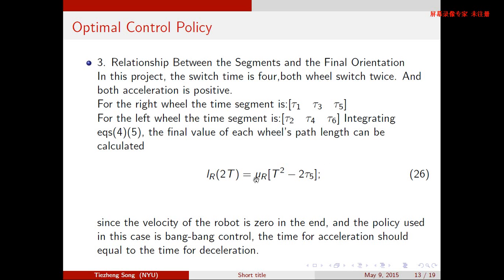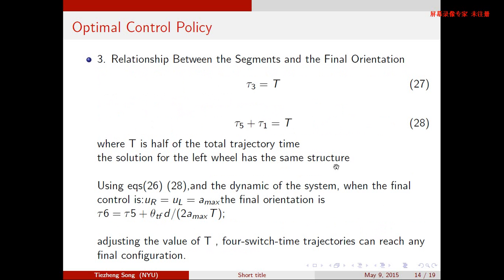Since the velocity of the robot is 0 in the end, and the control policy we use in this case is bang-bang control, the time for acceleration should equal the time for deceleration, which means tau 3 should be equal to capital T, and tau 5 plus tau 1 also needs to equal capital T. T is half of the total trajectory time.